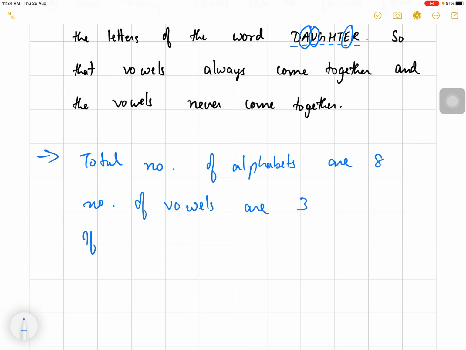So if vowels are always together, consider it as a single letter.